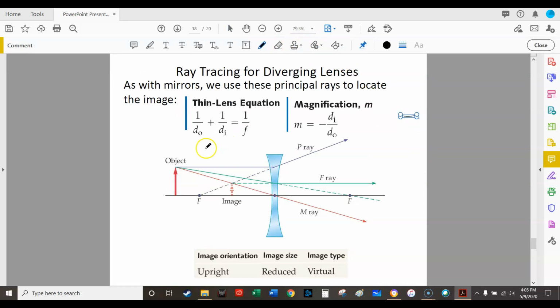So again, what you're supposed to do is draw the optical axis, which is right here. You're also supposed to draw the center of the lens, okay, which I drew right here for you. Then you're going to label the object, which is DO or S, depending on which book you're using.